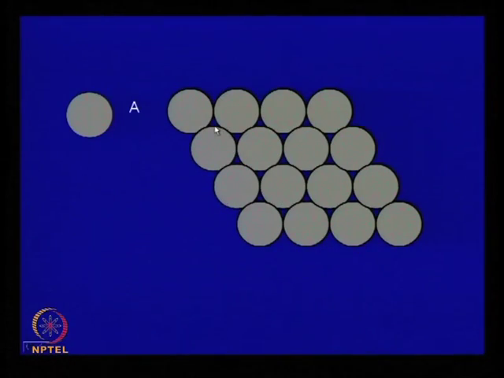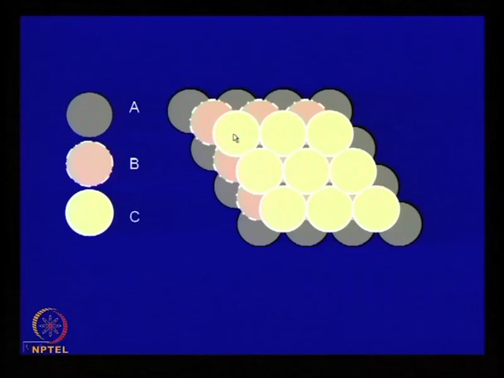The next layer will occupy one of these sites. There are two sites. If this is layer A, this is site B and this is site C. When the next layer comes, it occupies, let us say, the B site, but it partly blocks the C site as well, so it cannot occupy C. Then when the next one goes, it occupies the C site.